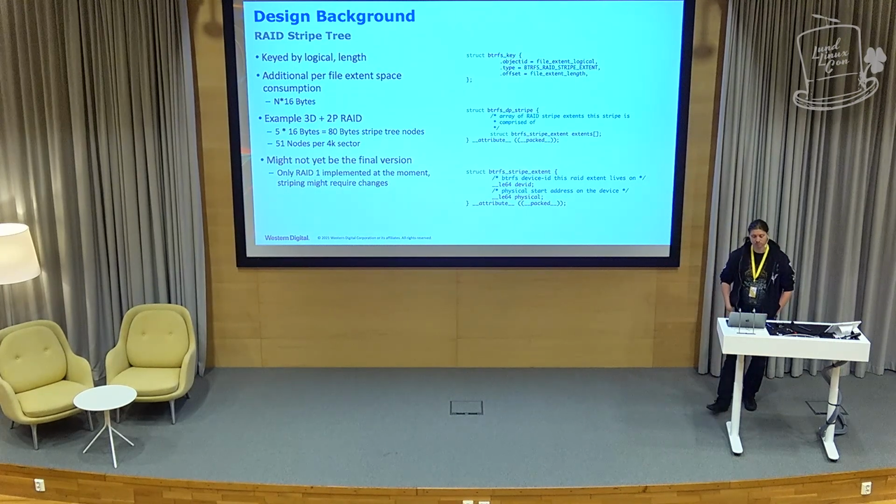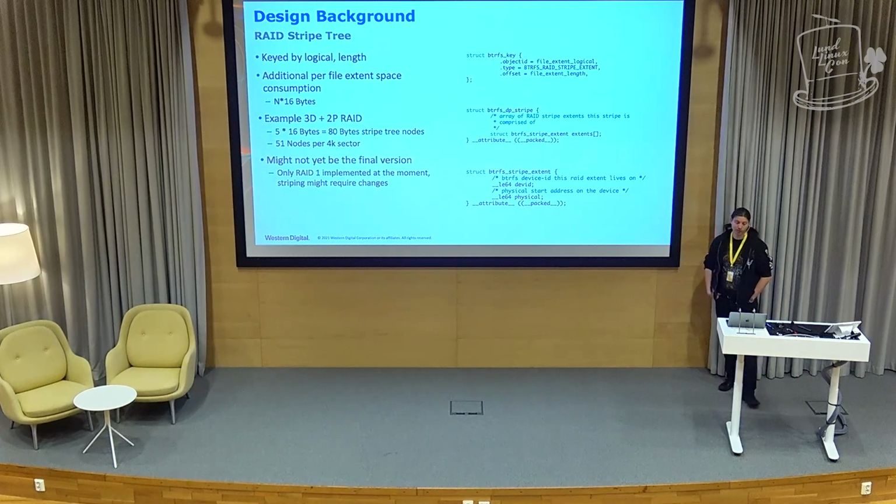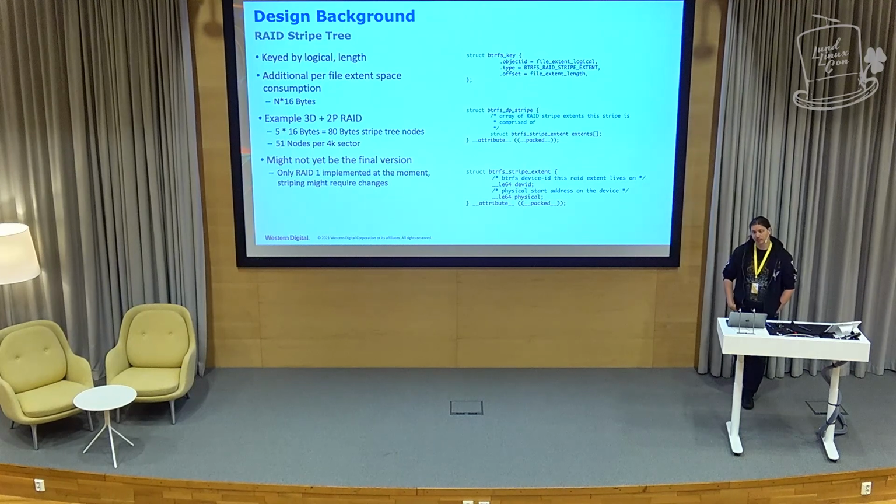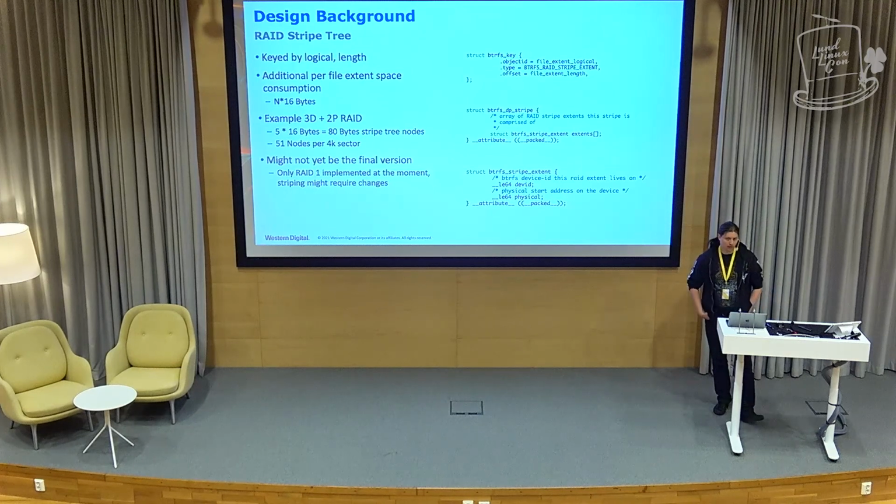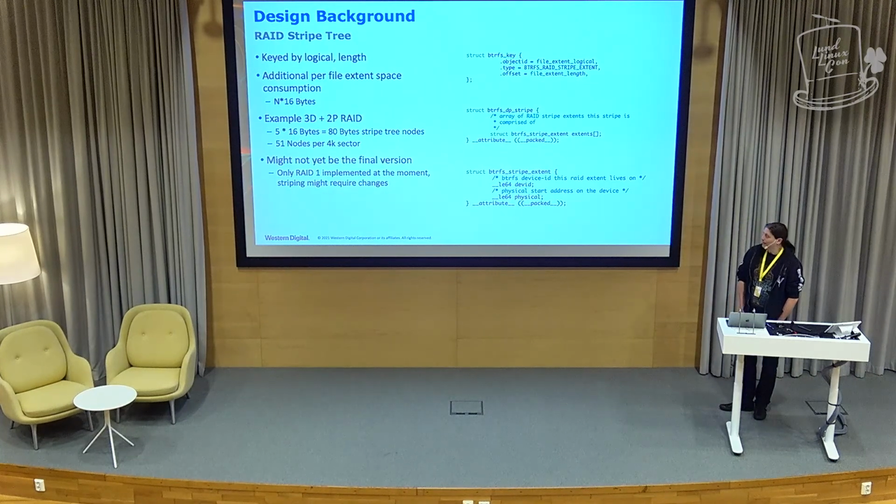So for an example RAID with 3 data blocks and 2 parity blocks, it's 80 bytes per extent. So 80 bytes additional for stripe tree nodes, of which we can still fit 51 into one 4K disk sector.